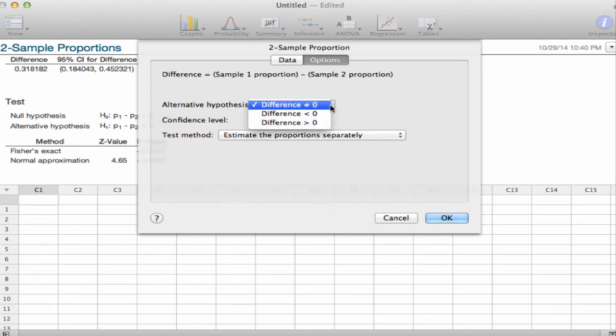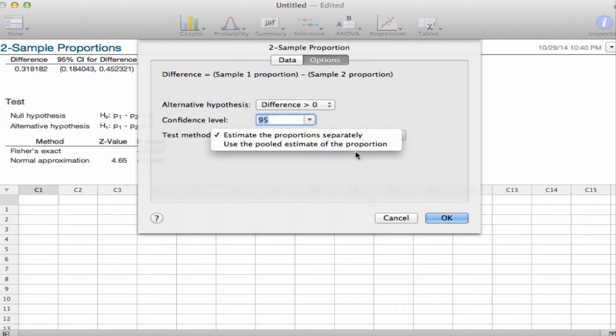I'm going to say that the alternate, that P1, the proportion of successes with the surgery, is greater than P2, and here I'm going to pool it. Okay, so I'm saying the success rate from surgery is better than the success rate from the wrist splint, and you have to pool the proportions.